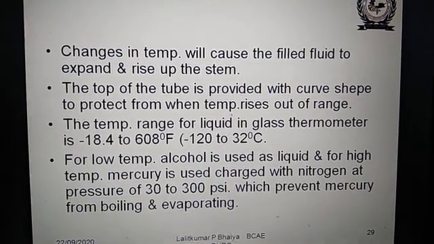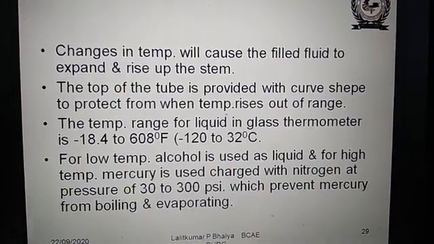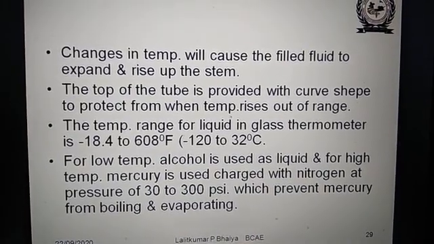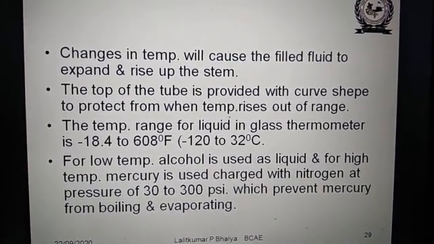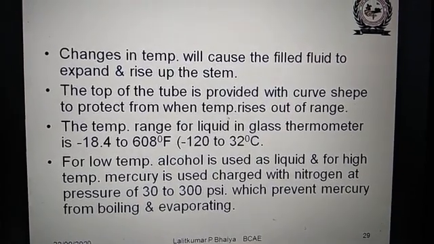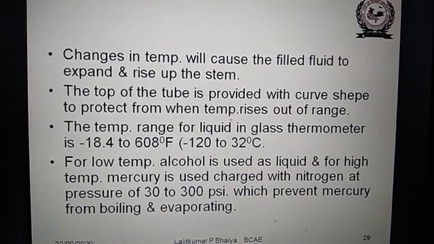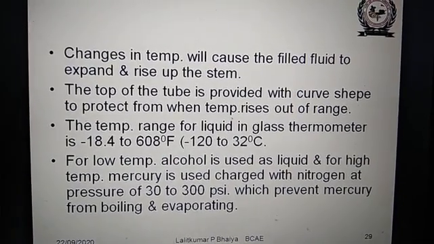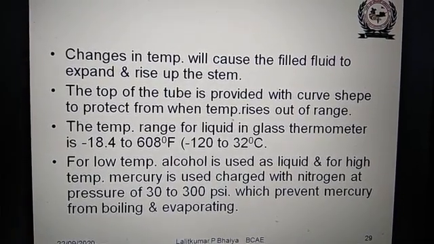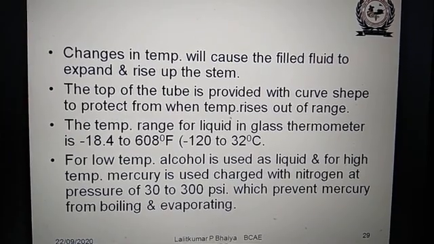The temperature range for liquid in glass thermometer is minus 18.4 degree to 608 degree Fahrenheit. That is minus 12 degree to 32 degree centigrade.